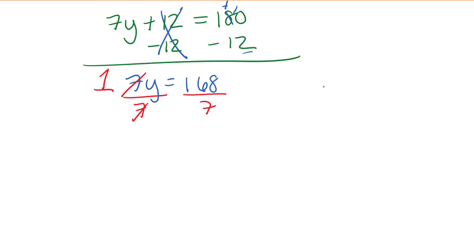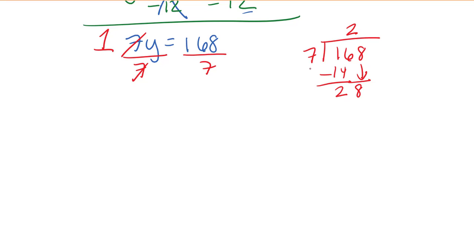So let's go ahead and do that. So 7 can go not into 1, but it can go into 16 2 times, because 7 times 2 is 14. Go ahead and subtract, we get 2. Let's go ahead and bring down the 8. Now 7 can go into 28 4 times. So now we get 0.